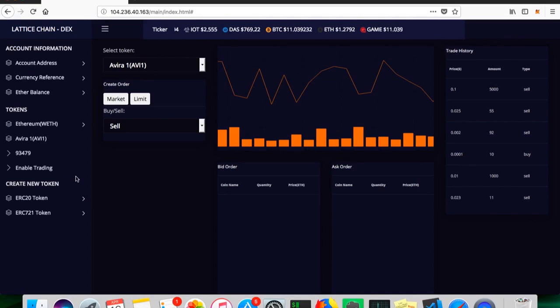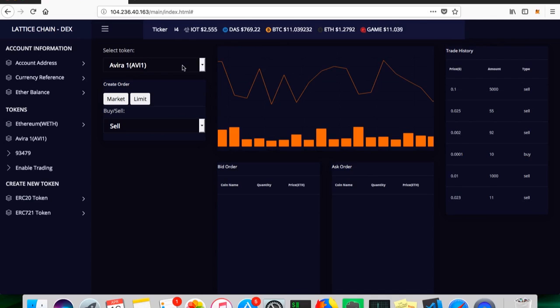Now moving to the next section, which lists the tokens currently being traded in this market, and also has the ability to pick up coins which are tradable in other markets as well.